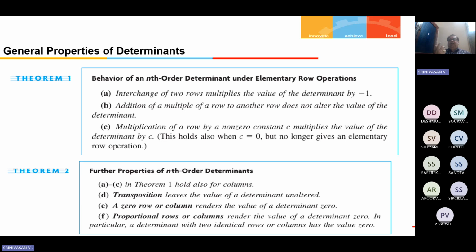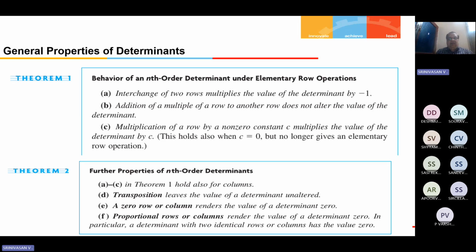If you take C equal to 0, what will happen then? Every value becomes 0. Okay, right. So multiplication of a row by a non-zero constant multiplies the value of the determinant by C.